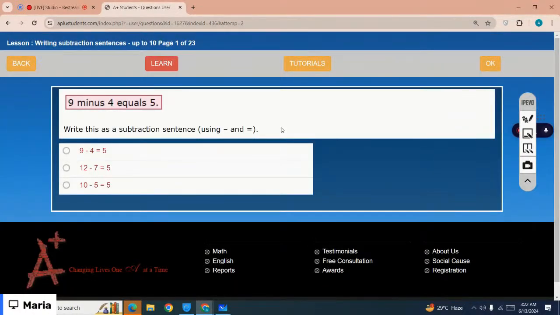Nine minus 4 equals 5. How do we write it as a subtraction sentence?